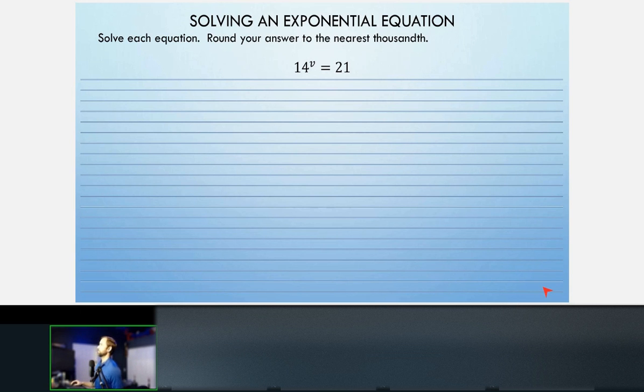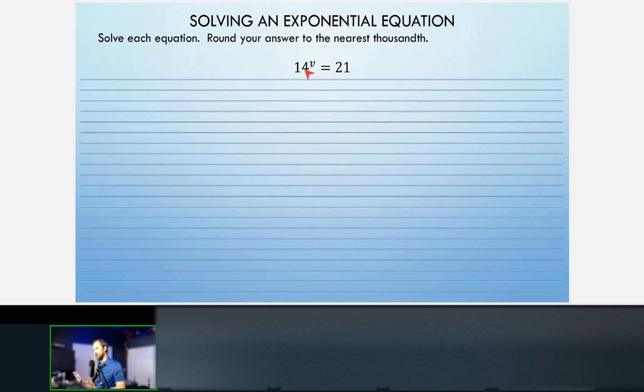All right. When you're done with this problem, give me a green check. By the way, when I solve these problems, I usually use natural log.